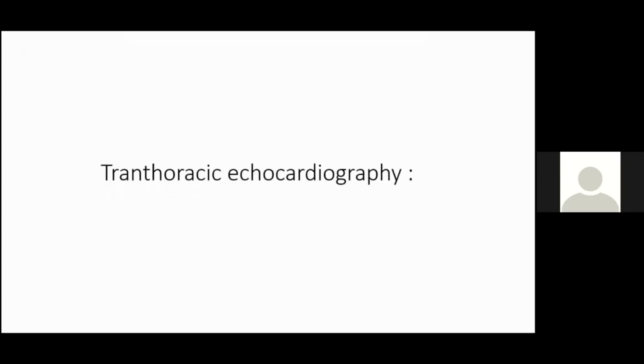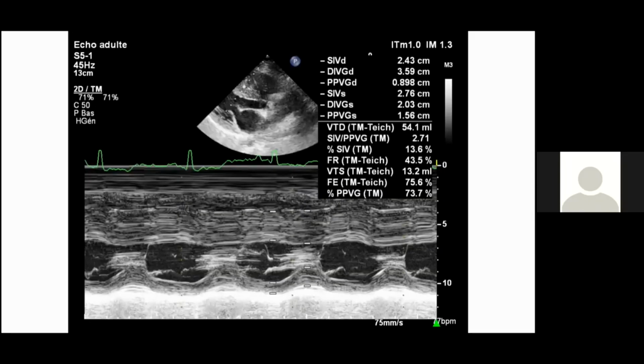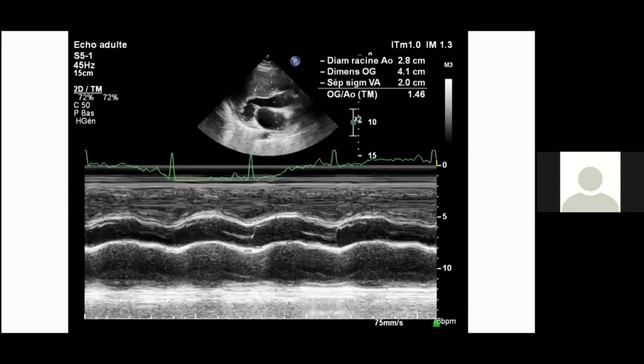The transthoracic echocardiography. This is a parasternal long axis view showing asymmetrical septal hypertrophy with a small left ventricular diastolic diameter. This is a parasternal long axis view. The left atrium anteroposterior diameter is 41 millimeters.